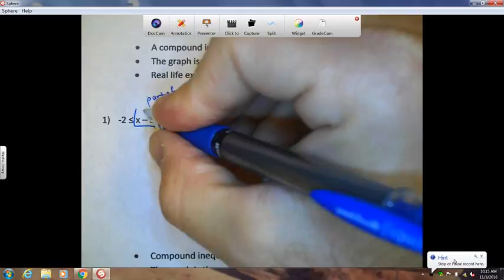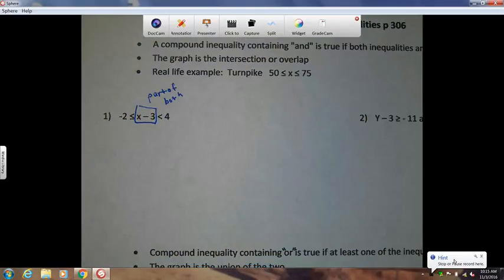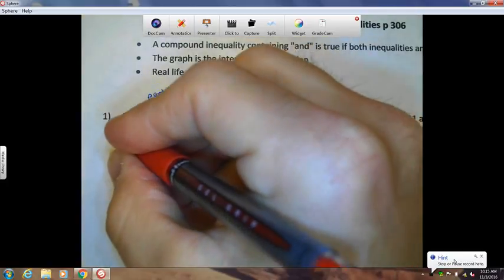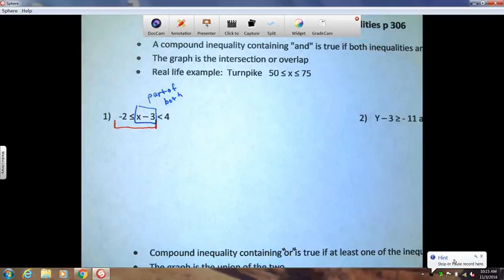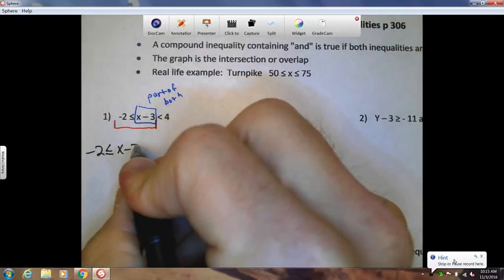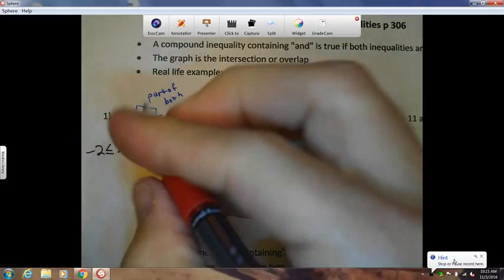That's part of both. Okay, so my inequalities, one of them will be here all the way to the end. So that's negative 2 and x minus 3. The other one is here to the end.